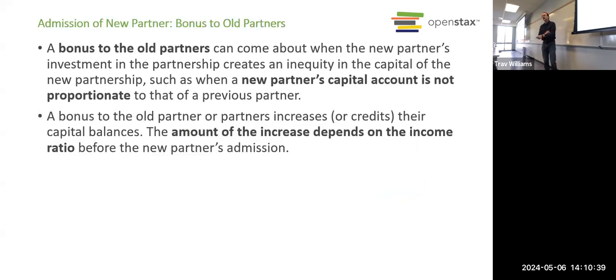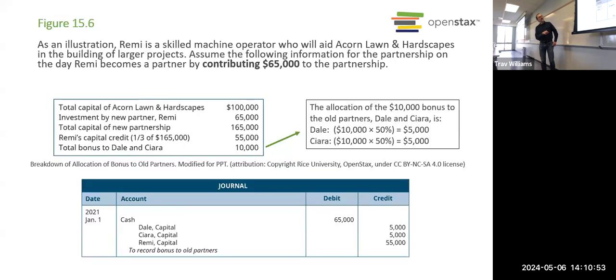Now, sometimes there's a bonus. In this case, it says there's a bonus to the old partner. So it's kind of easier if we just look at the example, I think. So there were two partners initially.